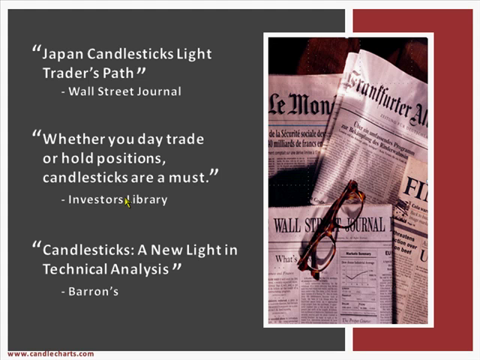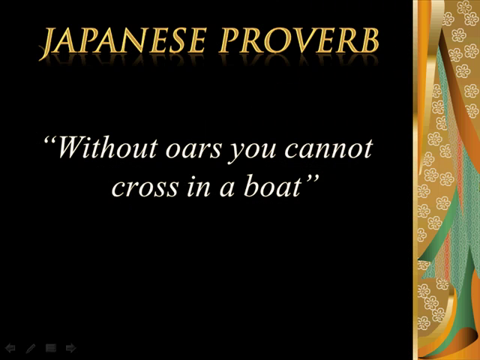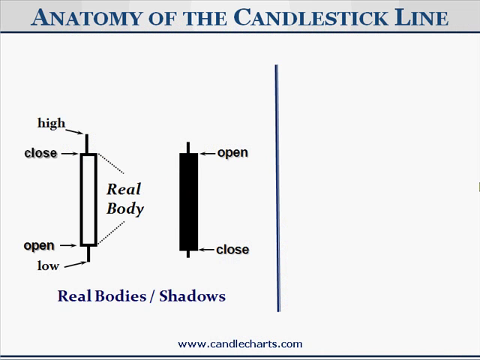The Japanese have a wonderful proverb that says, without oars you can't cross in the boat. And what we're going to do in this video is just go over the basic construction for those new to candles to show you not only how easy they are to use, but how beneficial they are. So, the candlestick line is made of two components.